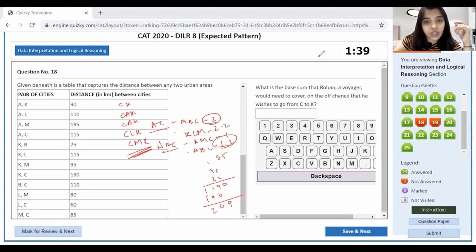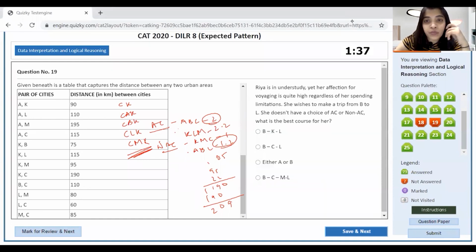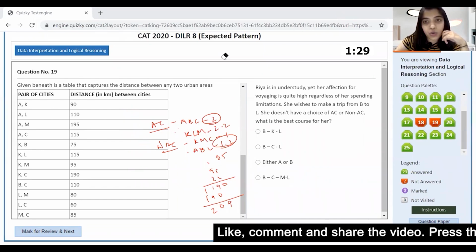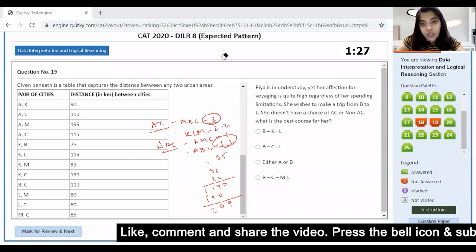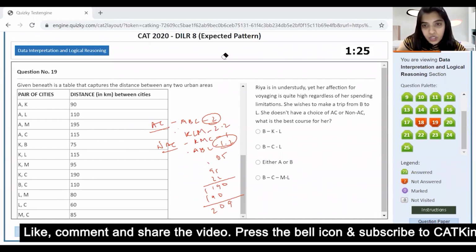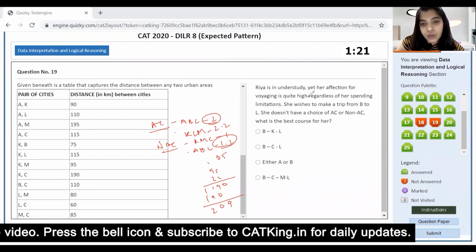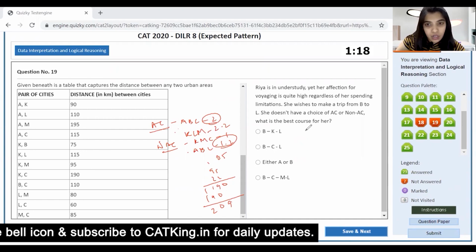We just have 1 minute remaining. I don't think we'll be able to do this. Let's just try this one since this is a hit and try possibility. No choice of AC and non-AC. What is the best possible way? So we'll obviously choose the non-AC thing.